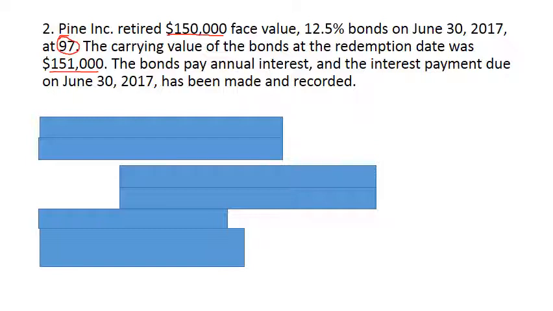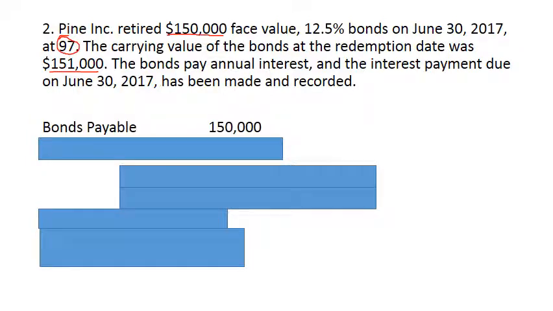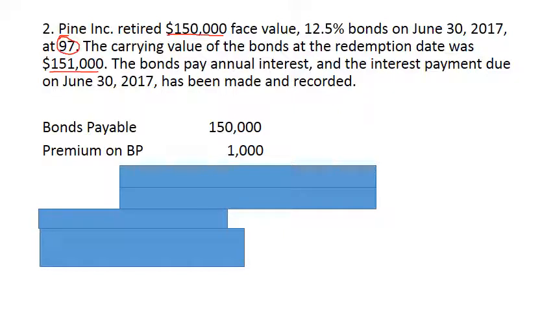So on June 30th, the first thing we have to do is take the bonds off the books. So we're going to take off bonds payable of $151, and then there's going to be a $1,000 premium on the bonds that have to come off because they had a carrying value of $151,000. Now we're going to have to take off what we paid for these. So we have $150,000 at 97%.